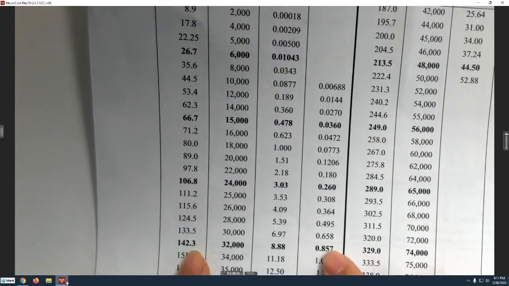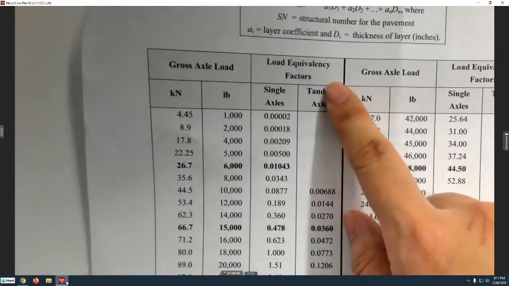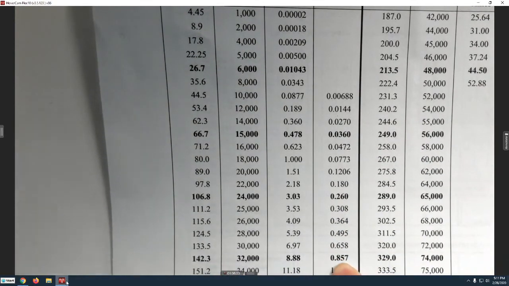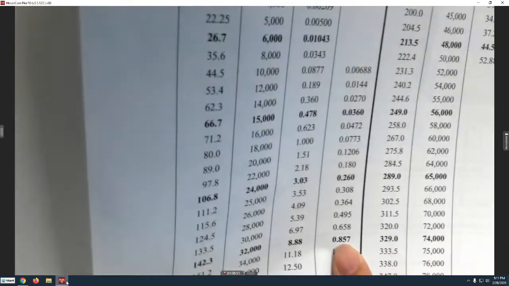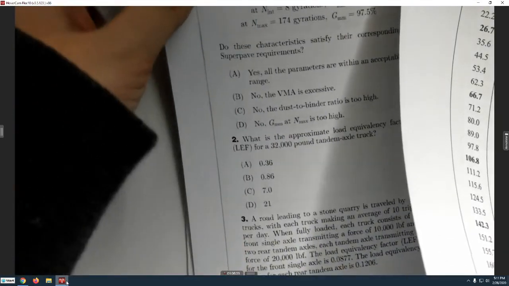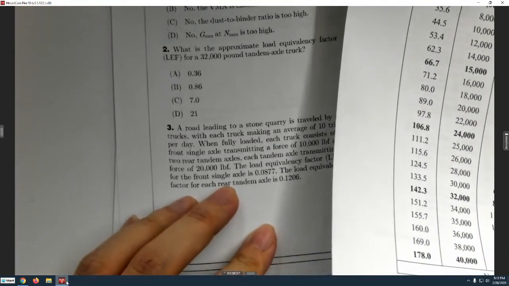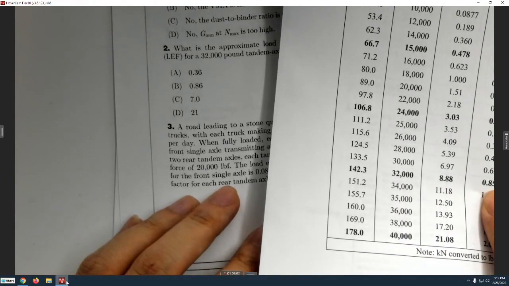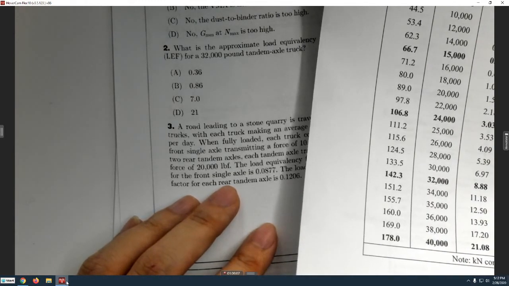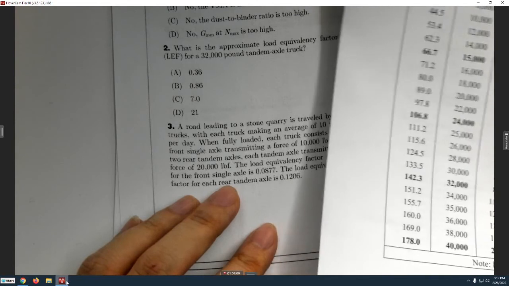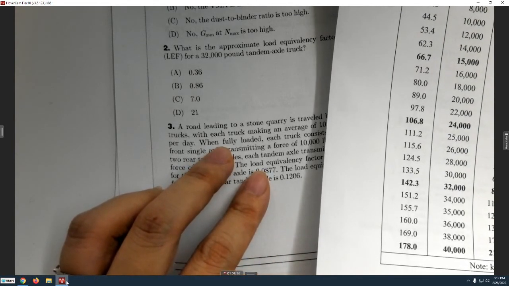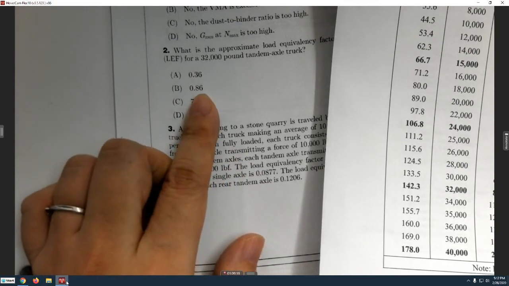Check the table here, and then the tandem axle here, 0.857. That's it. The answer is 0.857, so the answer is B.